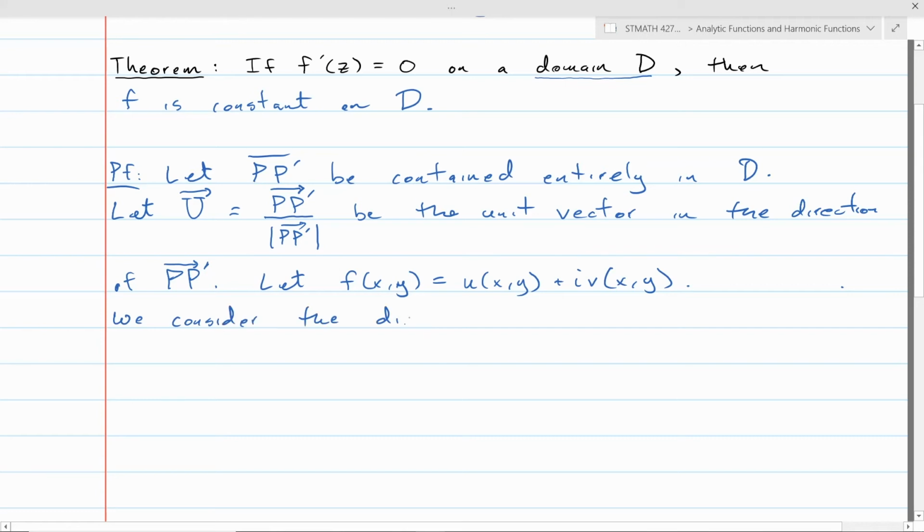Let's consider the directional derivative of little u in the direction of this capital U vector, this unit vector that points in the same direction as PQ, or P prime.